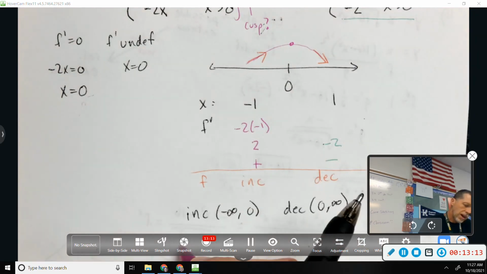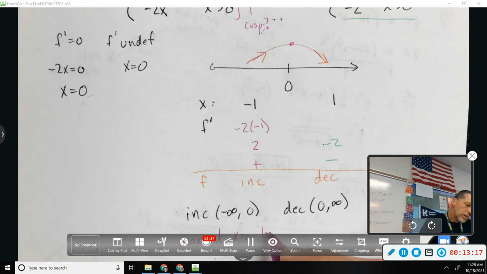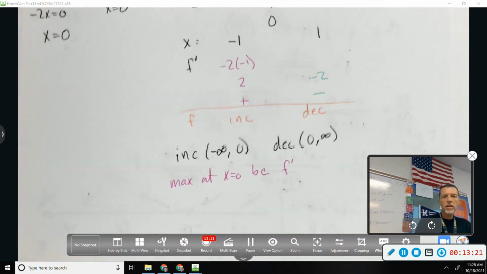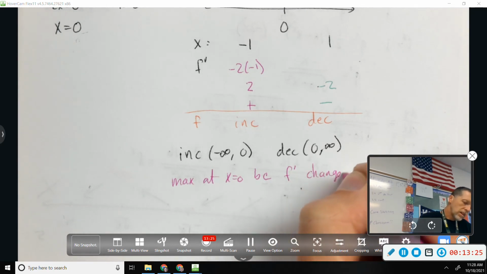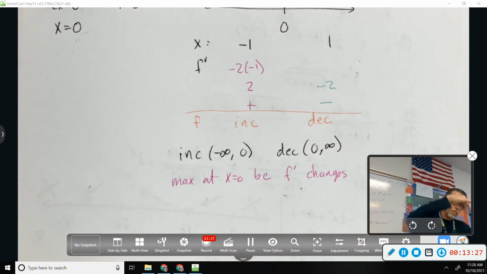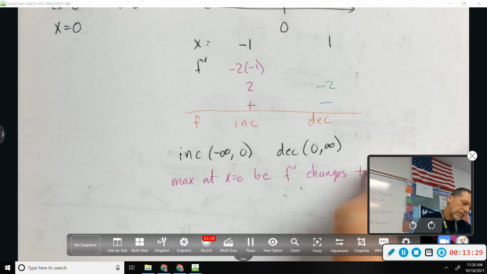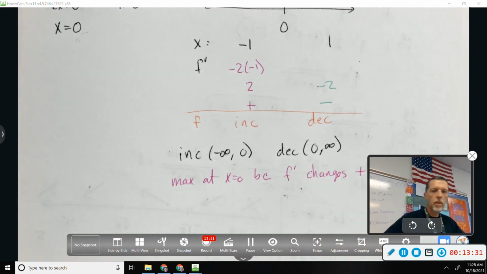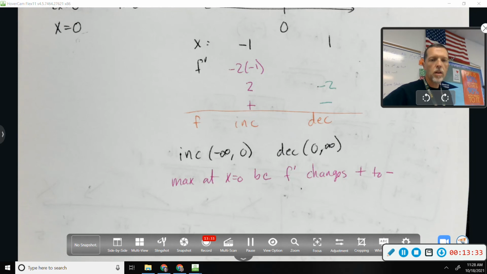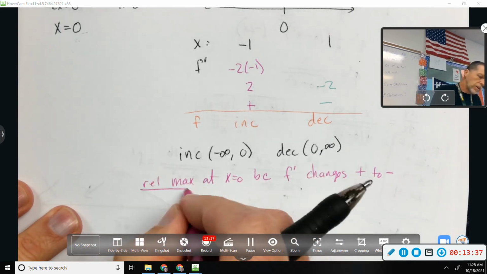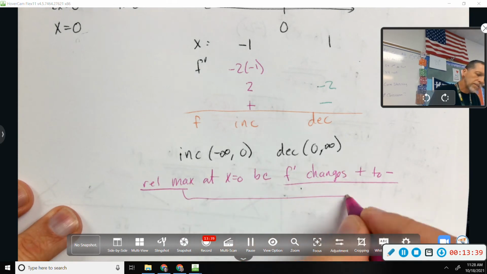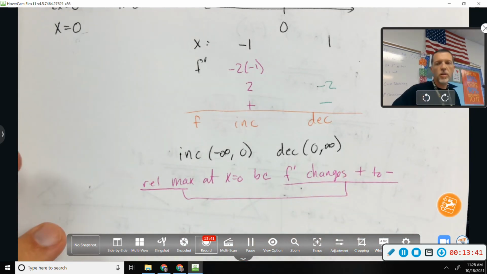There's a max at x equals 0 because f prime changes from positive to negative. Again, relative max, f prime changes positive to negative. Those are almost always tied together.